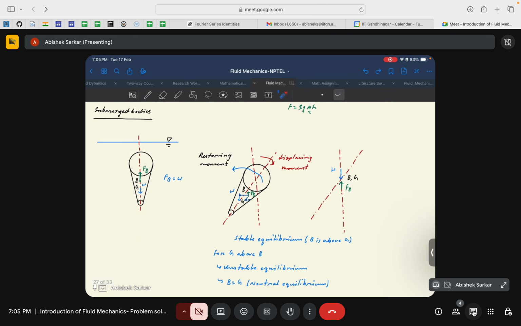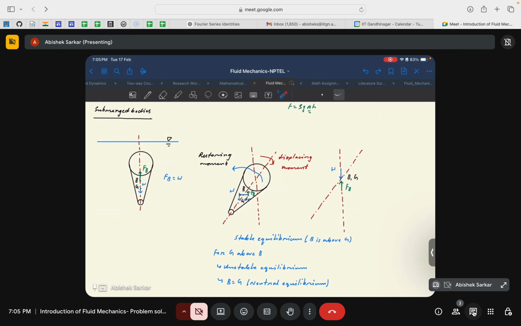So let's look into it now. Consider that we give a slight perturbation or slight displacement to this particular body, okay. Like, we apply a certain amount of force to this body at this point, okay. Say this is basically a displacing moment, okay.